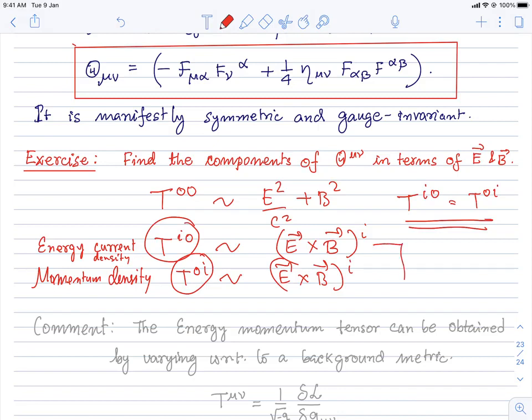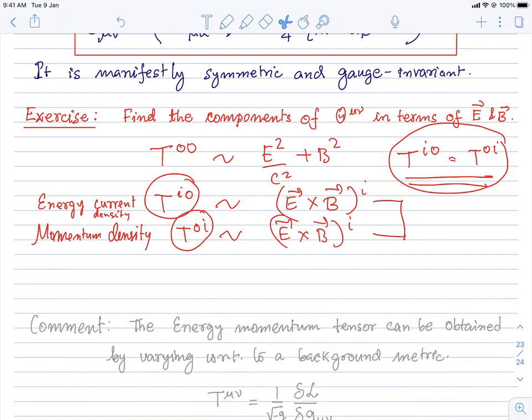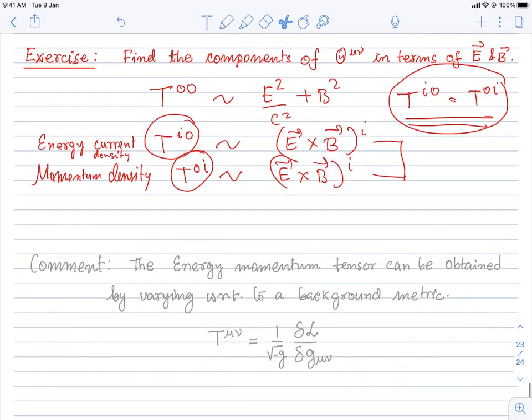Therefore, we saw that there was this coincidence that whatever the energy current density was, it was the same thing as the momentum density. That just follows from the fact that this energy momentum tensor has to be symmetric. There's a deeper reason why that is the case. And similarly, as you can guess, the T^{ij} should come out to be the components of the Maxwell stress tensor.